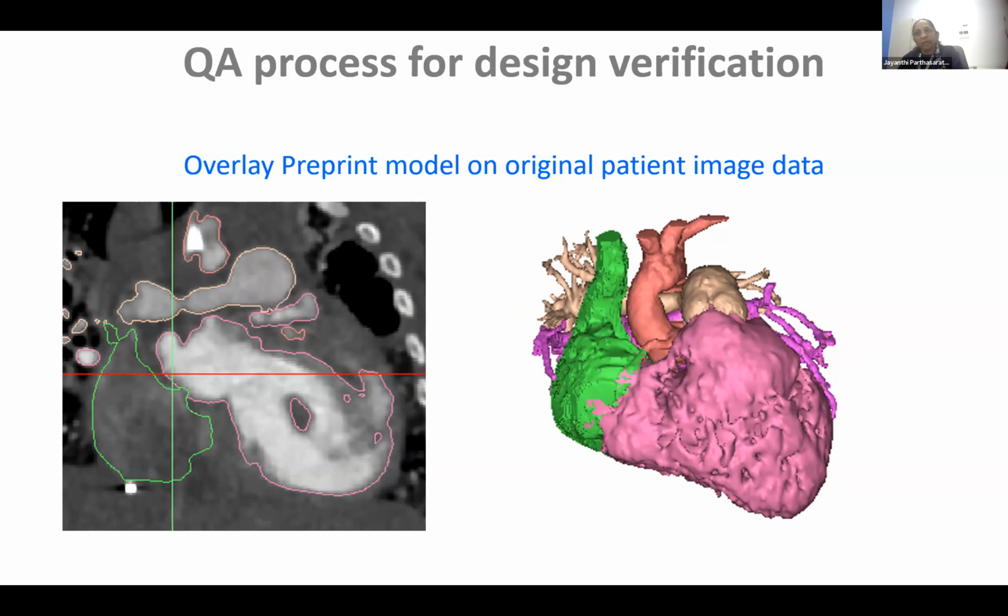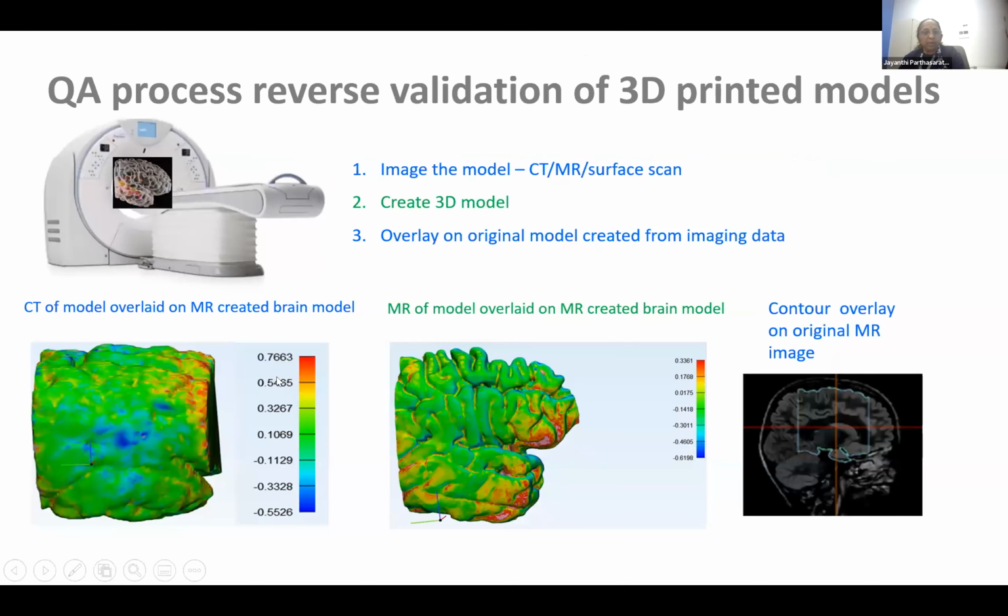We needed to get the preprint models ready. Just before we do the print, all the models are overlaid back on the patient's CT or MR, whatever we used on the original imaging data, to make sure that we are good. And as we said, from time to time, this is one of our brain models which goes back on the CT or MR.